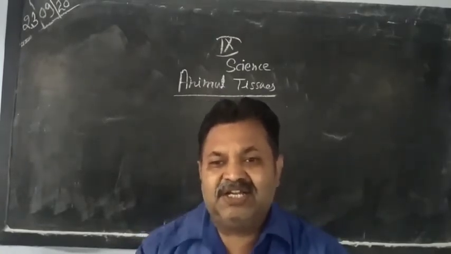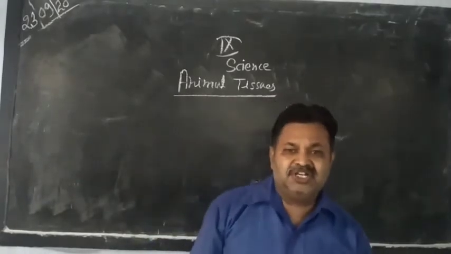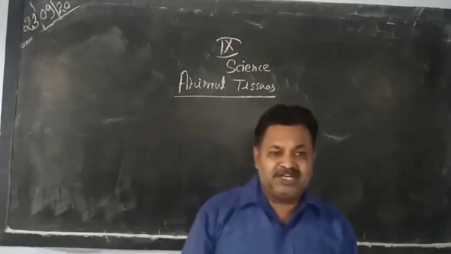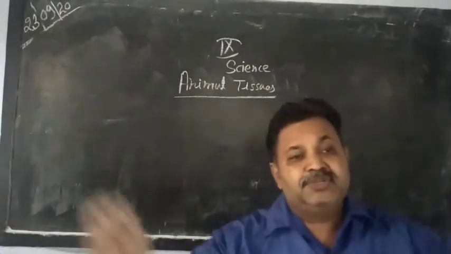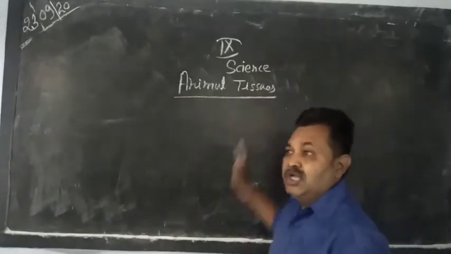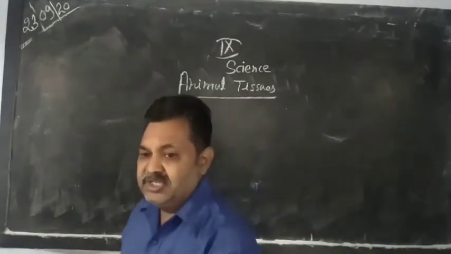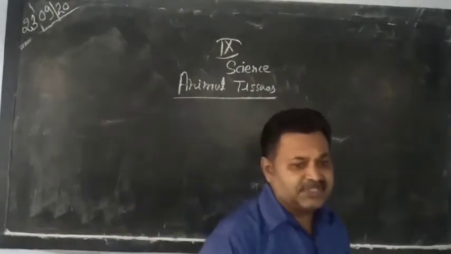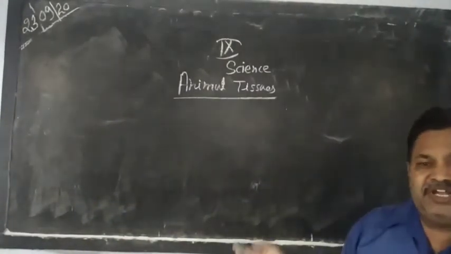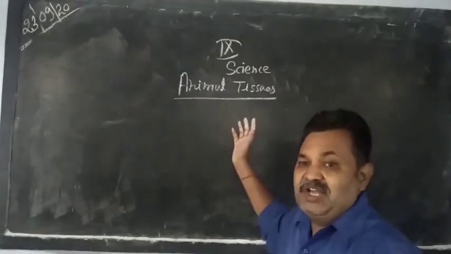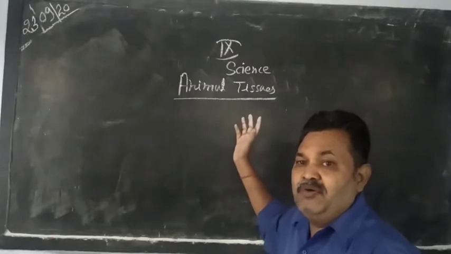So cell is the basic structural and functional unit of life, whether plant life or animal life. Animal tissues are made up of groups of cells which have same origin, function and structure. Such cells combine together to form tissues.